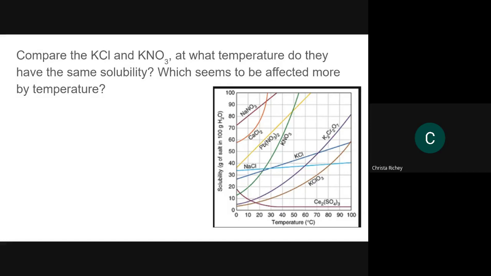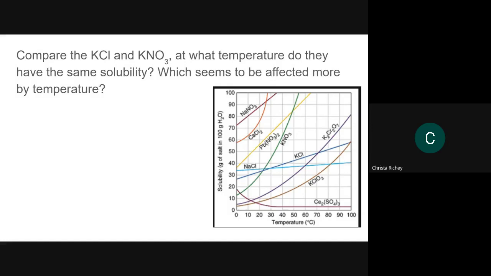Now, this is another solubility curve. We're going to compare the potassium chloride, which is this darker blue one, with the potassium nitrate, which is this green one right here. It's not colored on your paper, sorry. Now I want to know at what temperature they have the same solubility, so where they crisscross.